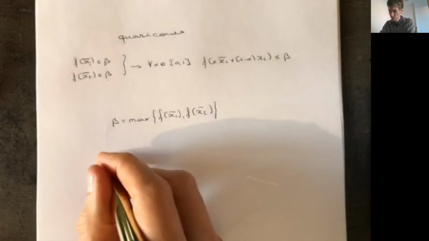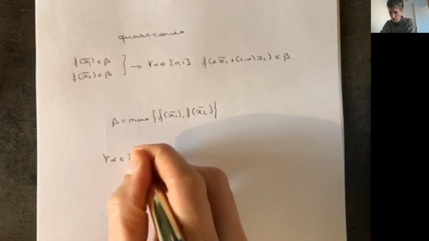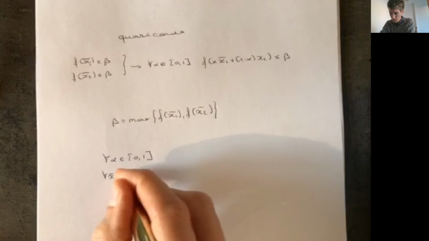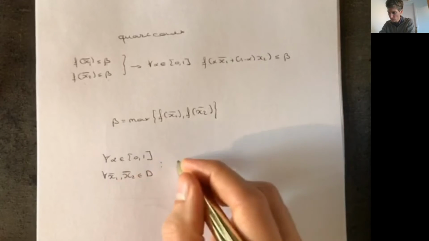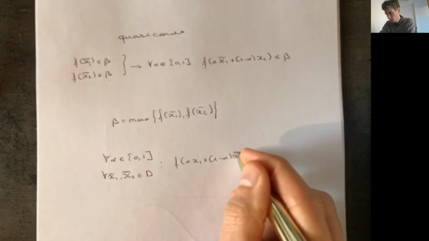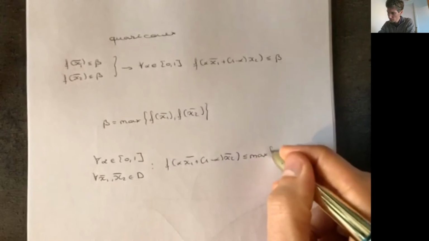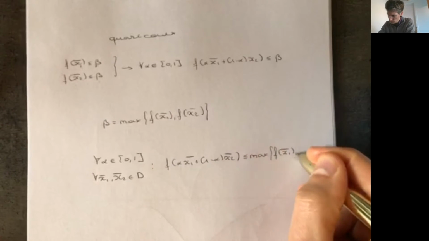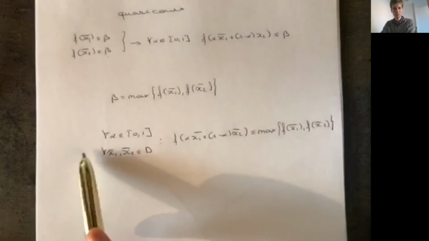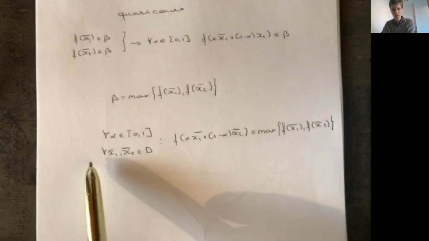And then you can show that quasi-convexity has an equivalent definition, and it says that for all alpha between 0 and 1, and for all x1, x2 in the domain, f of alpha x1 plus 1 minus alpha x2 is less or equal to the maximum of f of x1, f of x2.